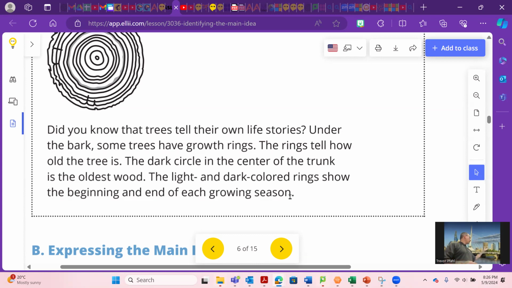So tree rings show their age, or rings can tell us how old a tree is, because that gives us more specific information. Light and dark circles, beginning and end, are the examples, but this section here is the main idea.